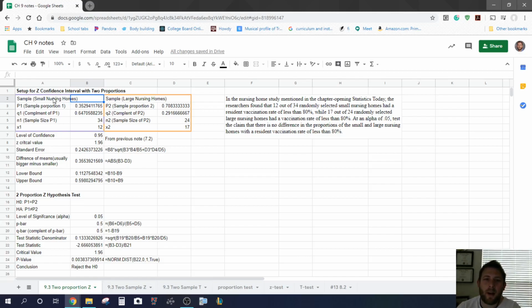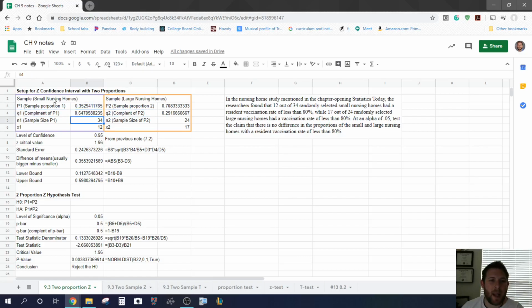Okay, so the first thing we're going to knock out is a confidence interval, because that was one of our goals. In setting this up, you'll see I have my proportion 1, which I labeled as my small nursing home. That is 12 out of 34. My Q, which we're going to need for the calculations, is not mentioned per se, it's simply 1 minus that.